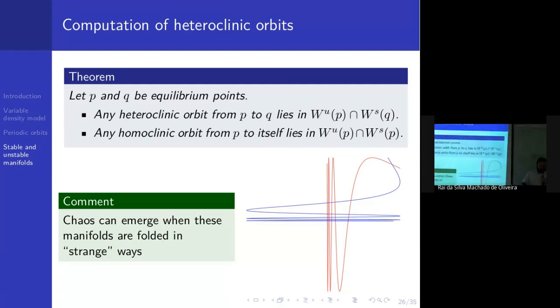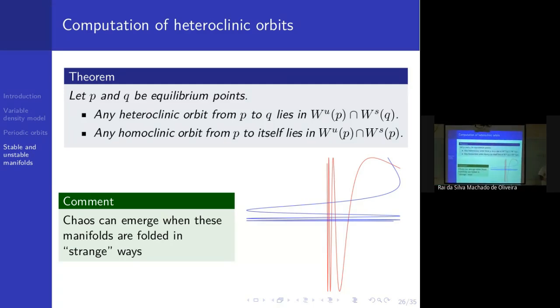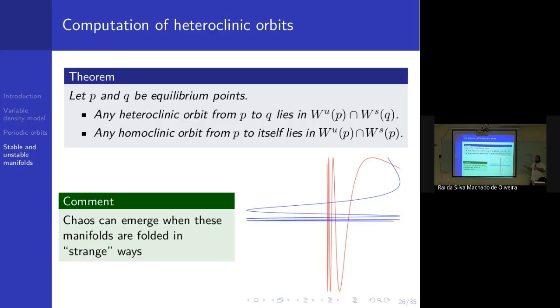So when you compute the stable and unstable manifold and their intersection, you arrive at this kind of problem where they intersect infinitely many times in a dense way. So you can have infinitely many heteroclinic and homoclinic orbits.